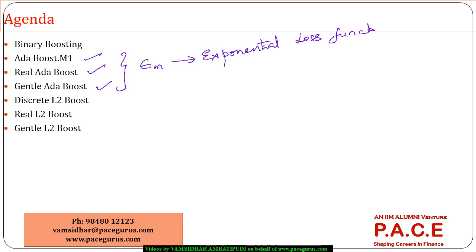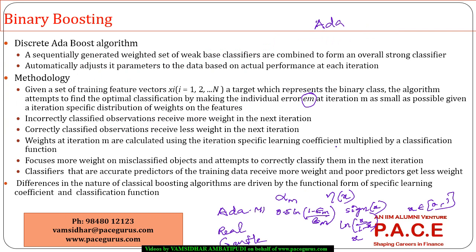So the methods are different, that's it. Whereas these three use a logistic loss function. So the loss function differs across the models. Along with that, the learning coefficient, which is specific to the iteration, is different across the models, and even the classification function is different across the models. But all other things, the way they adjust the weights and the final classification process, are the same.